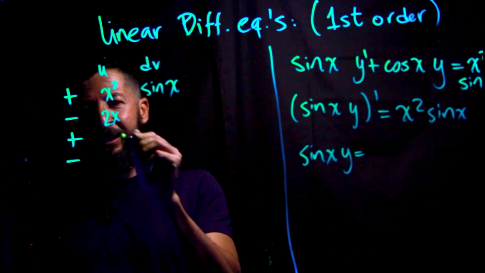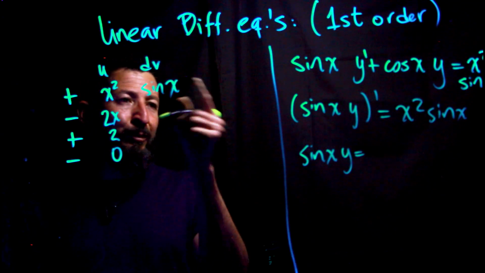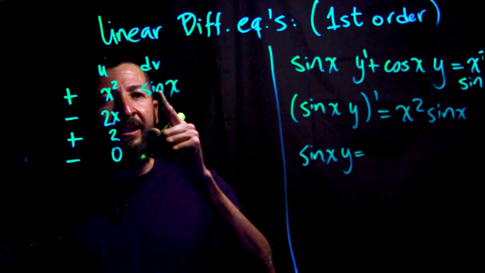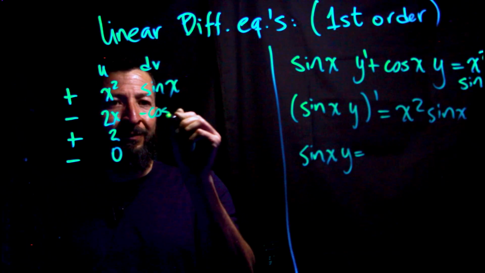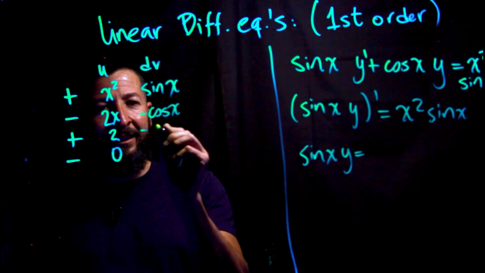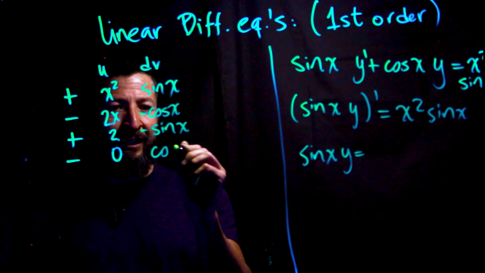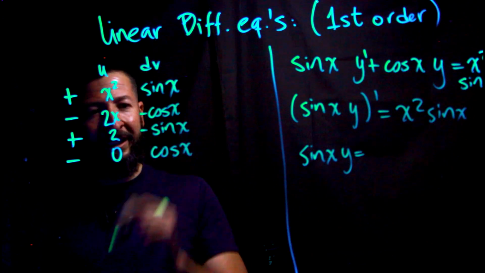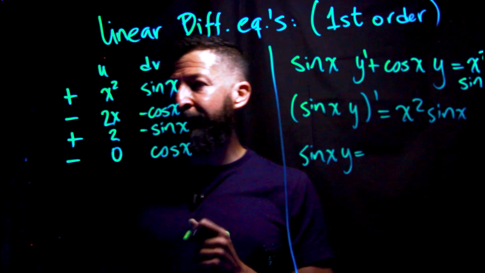Polynomials will always be the u, for the most part. And then these guys are going to be your dv's. So the antiderivative of the sine is negative cosine. Then the antiderivative of the cosine is sine. Therefore, this gives you negative sine. And this one's going to give you the cosine again, because the antiderivative of sine is negative cosine, but we have a negative, so it becomes that.